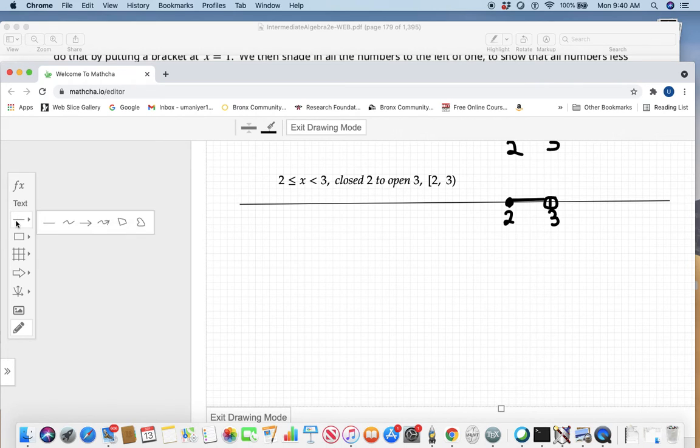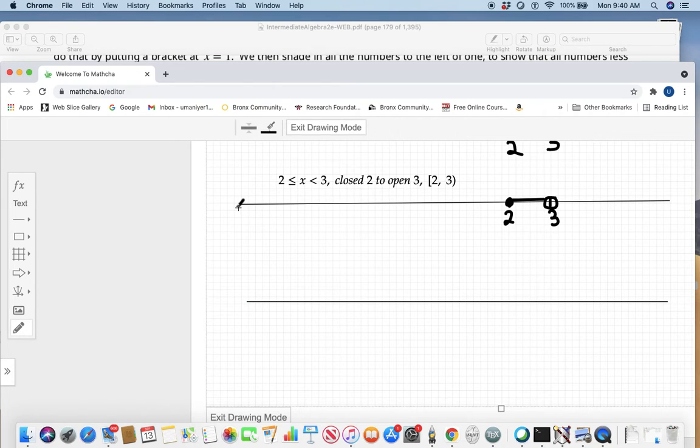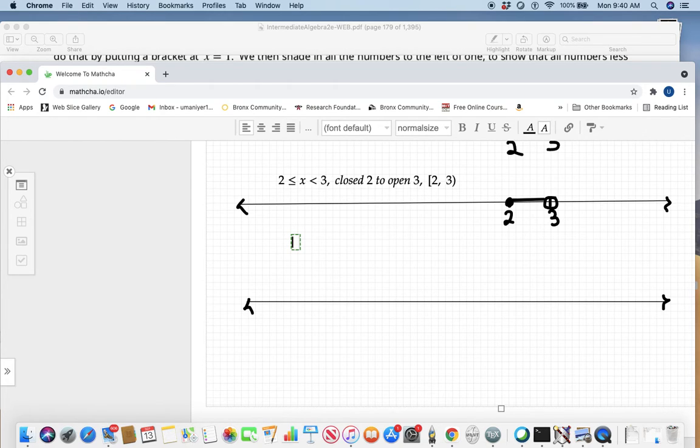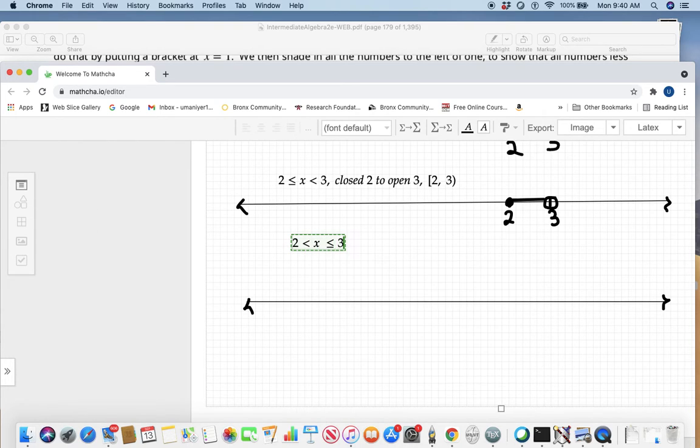Okay. Continuing, what if you have the other way around? By the way, these are infinitely long lines, not just line segments, so I mustn't forget to draw arrows. So you have 2 less than x less than or equal to 3.